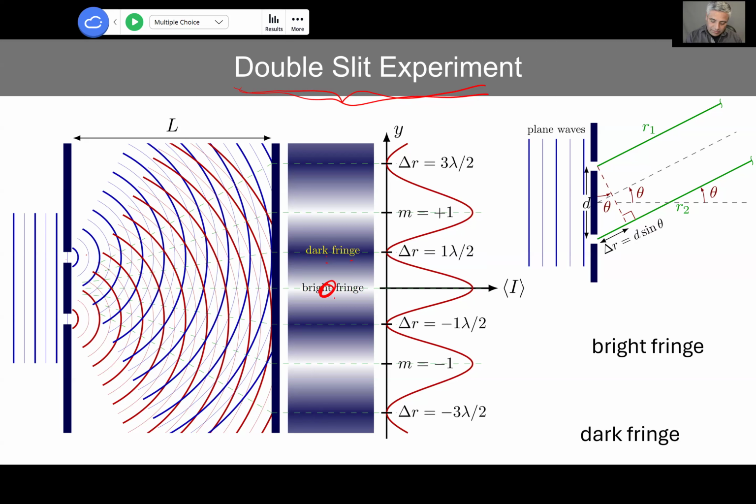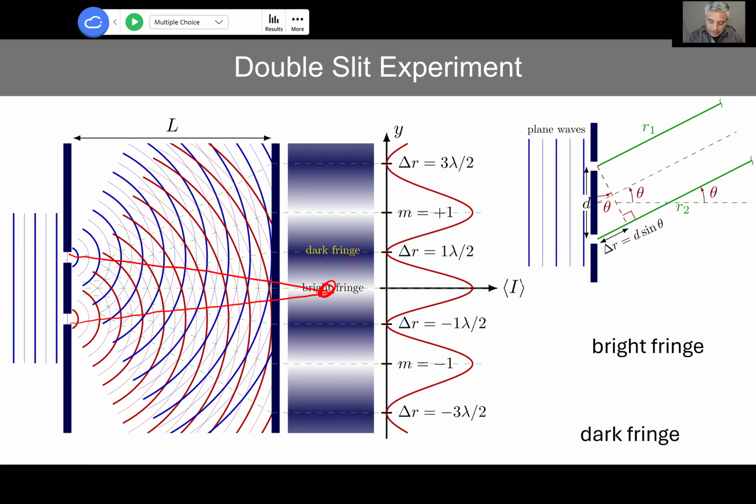Here we see the central bright spot. Of course, this is not an actual picture, it is just a drawing. I found some code somewhere and modified it for our purpose, okay?